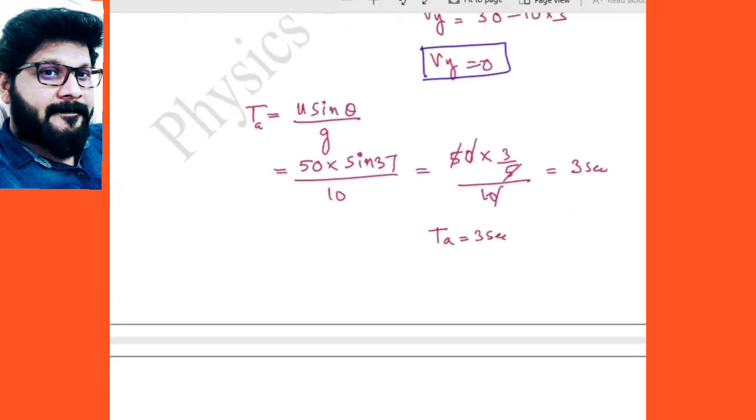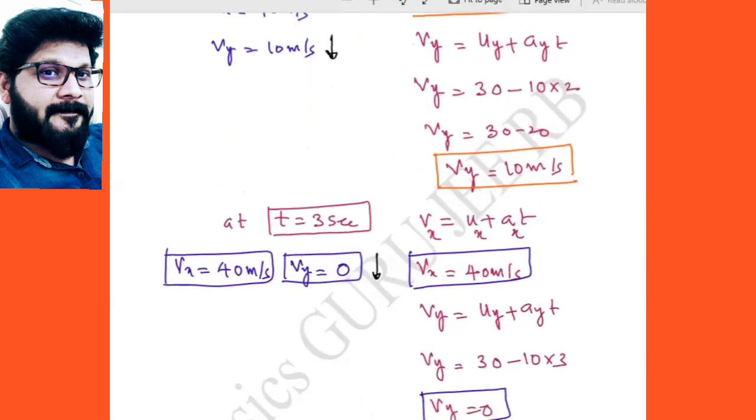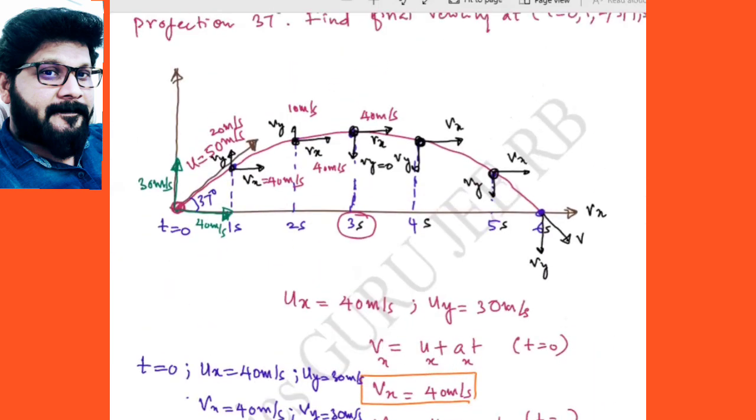That's all, right? What is the conclusion we can draw here? At a time of ascent of 3 seconds, after t seconds, we are getting Vy equal to 0. That means it has reached its maximum height. So till this point, what happened? Vx remains constant, which is nothing but 40 meter per second throughout half of its journey, and the Vy component gradually decreased.